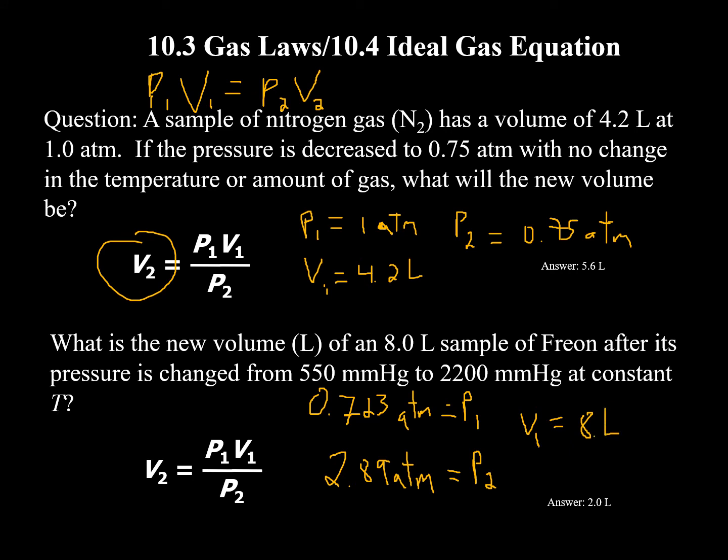So when you plug in all the values into this equation, we know three of the variables, so we can find the fourth one. We get 2.0 liters. To the correct number of significant figures, this 8.0 is 2 significant figures, the lowest one. This is also 2 significant figures, so we get 2.0 liters.